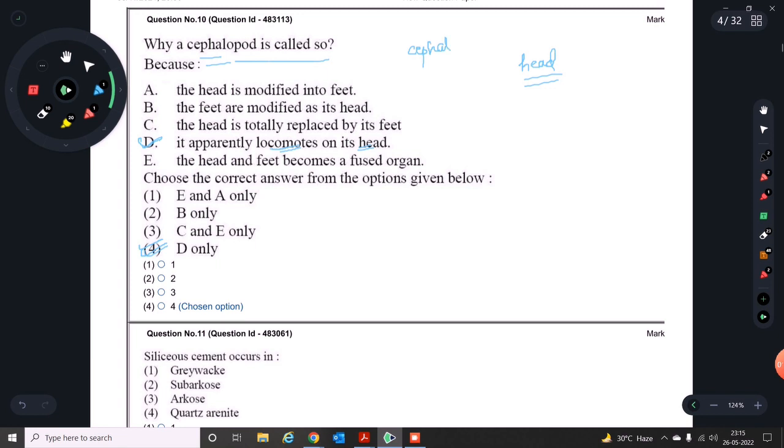So cephalopod basically, cephalo is a term for head, and pod is a term for foot. So basically head is playing the role of a foot here. That means they are moving through their head. It apparently locomotes on its head. The cephalopods are called such because of this activity only.